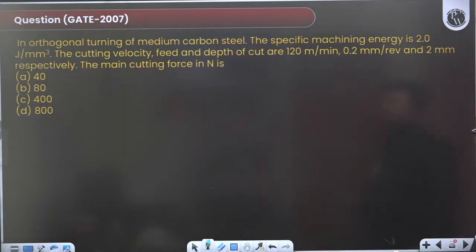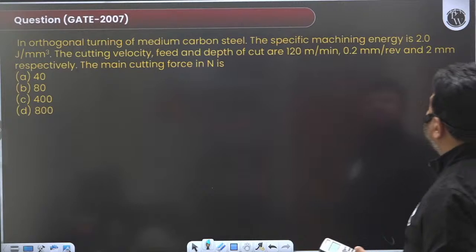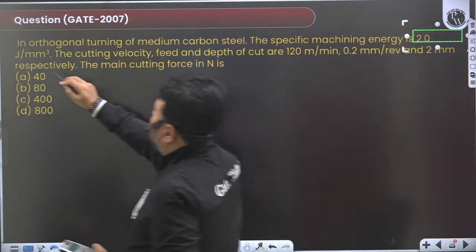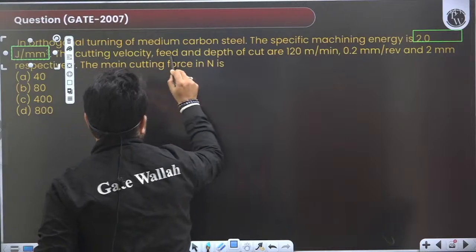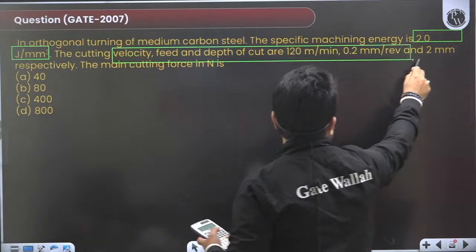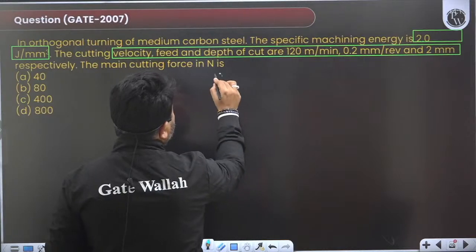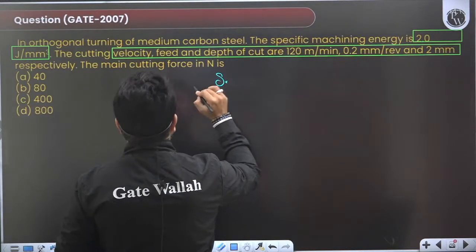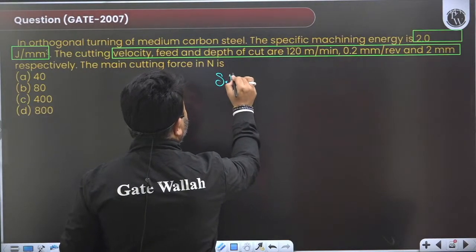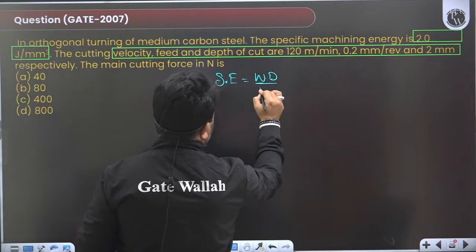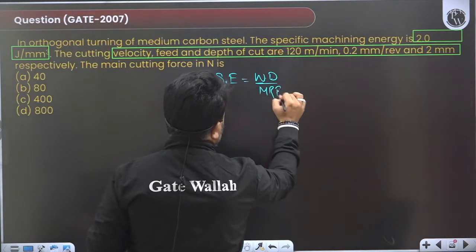Next, in orthogonal turning of a carbon steel, specific cutting energy is given, that is 2 joule per mm cube. The cutting velocity, feed and depth of cut are given. Find the main cutting force. We know that specific cutting energy is work done divided by MRR.